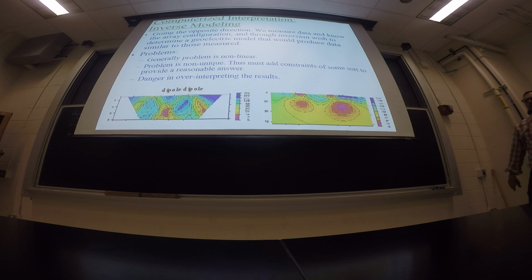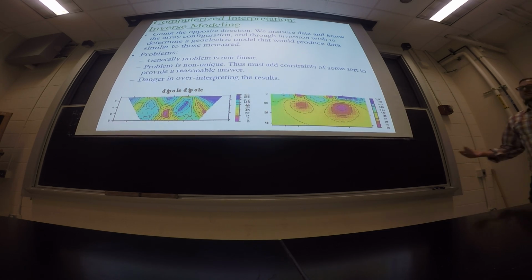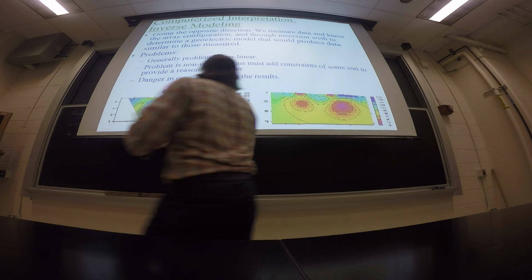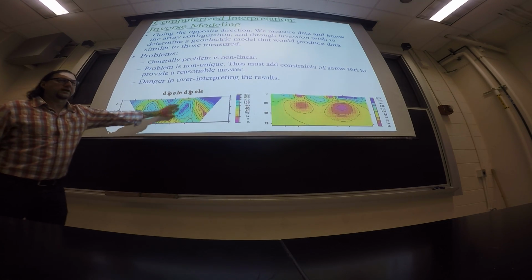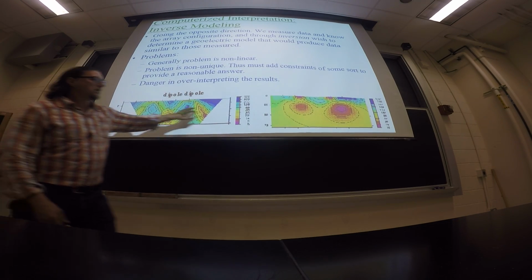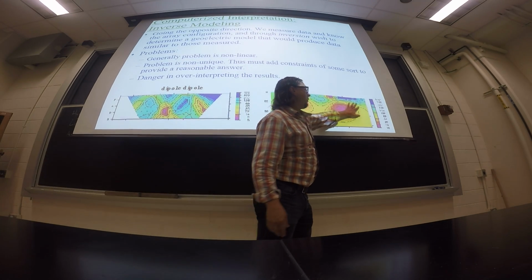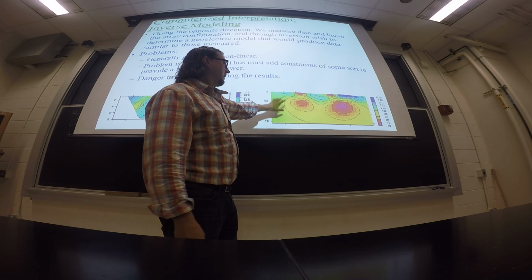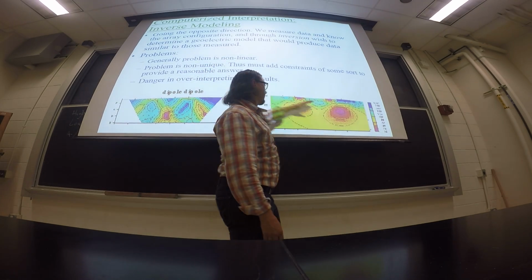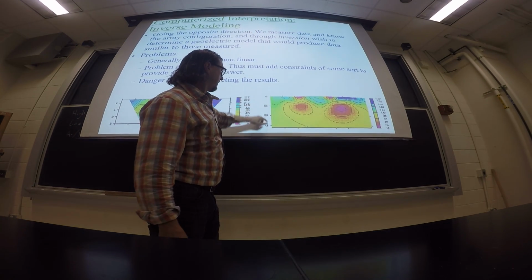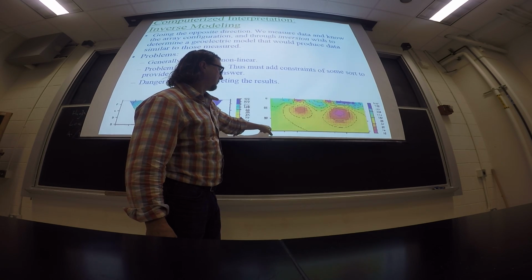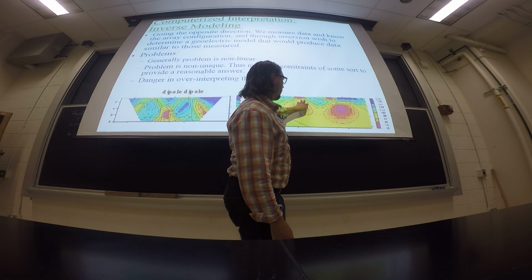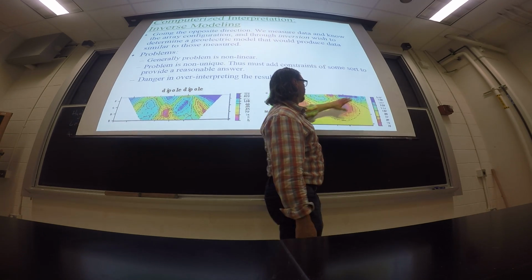So now you can see trying to interpret the dipole-dipole data set directly versus a resistivity distribution directly. It's easier to do this. Now we've got depth on this axis. I know it's hard to see, but this is 75 meters depth right here. And red is low resistivity and blue is high resistivity.